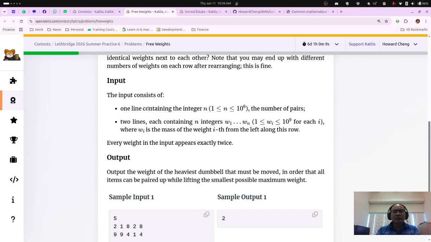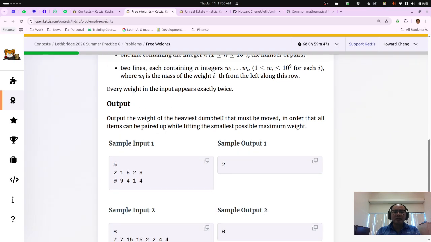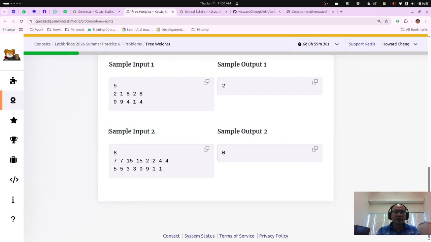Input consists of one line containing up to 1 million pairs, and two lines each containing n integers, which are the weights, up to a billion, along this row. Every weight in the input appears exactly twice. Output the weight of the heaviest dumbbell that must be moved in order that all items can be paired up while lifting the smallest possible maximum weight.